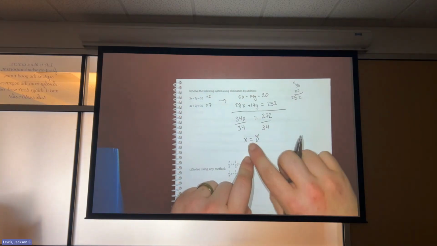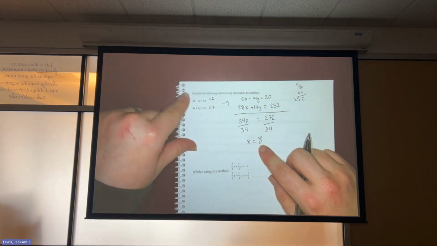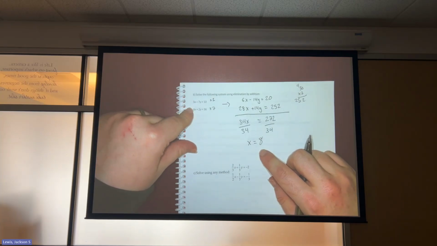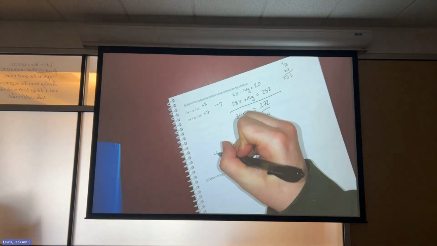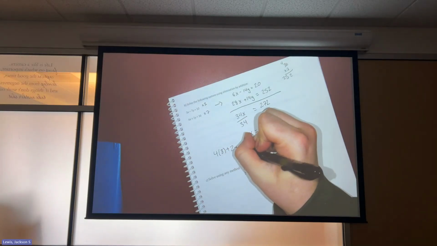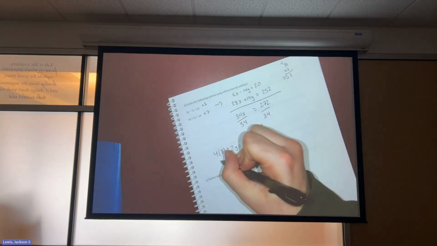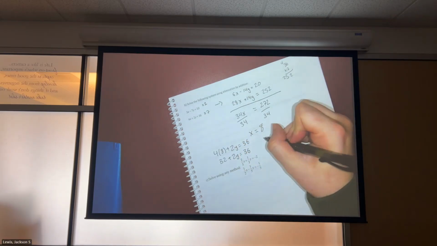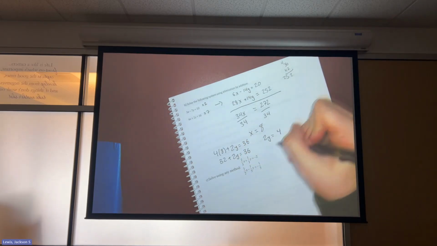I can then plug this value into either of my equations. I know that the value of x has to be 8. So which equation? Bottom one? Sure. So 4 times my x value, 8, plus 2y equals 36. 32 plus 2y equals 36. 2y equals 4.